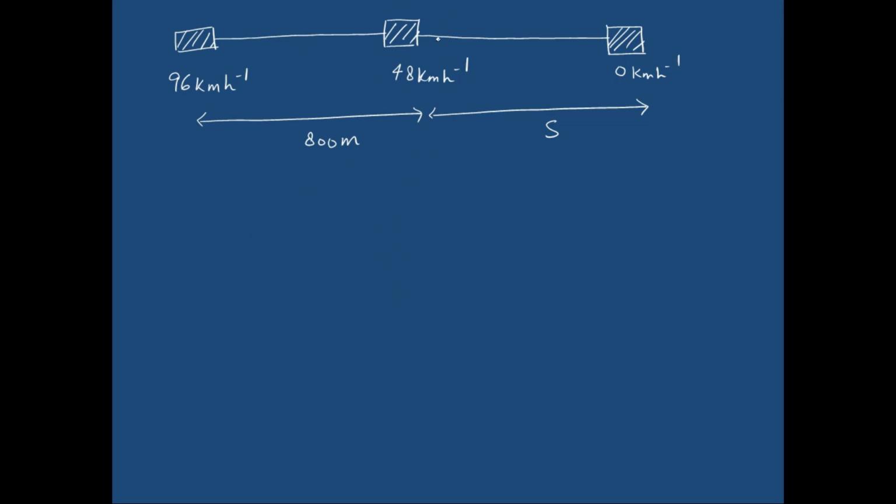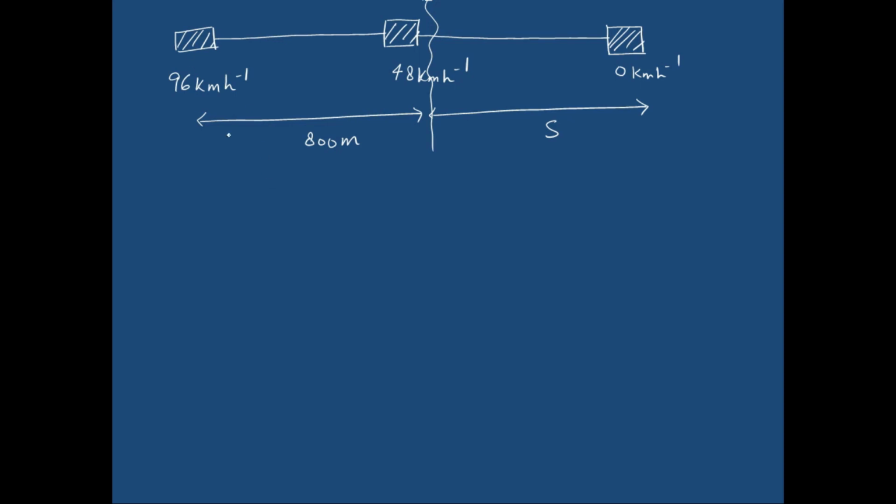To solve this problem, first we have to find the retardation with which the velocity keeps on decreasing. To calculate the retardation, we will split our numerical into two parts.